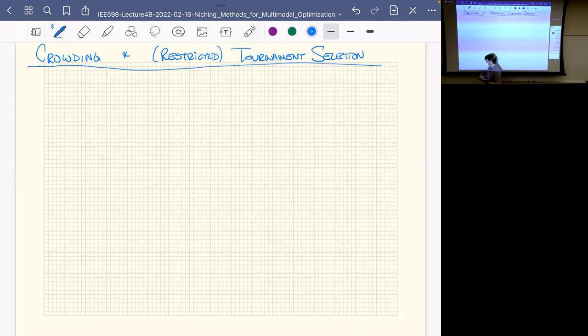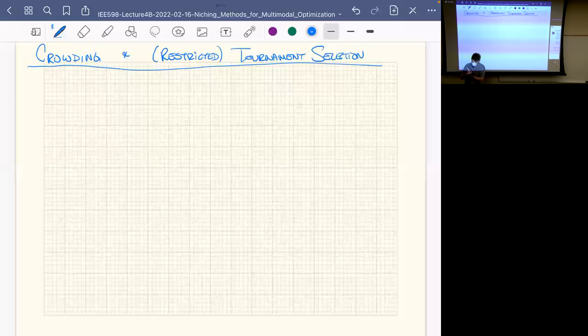So how does crowding work here? These are based on the ideas of competitive exclusion. Oh, I forgot, there's actually one more that we'll have to talk about after this, but we'll be quick.